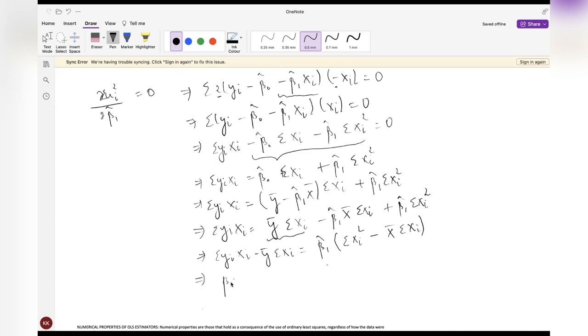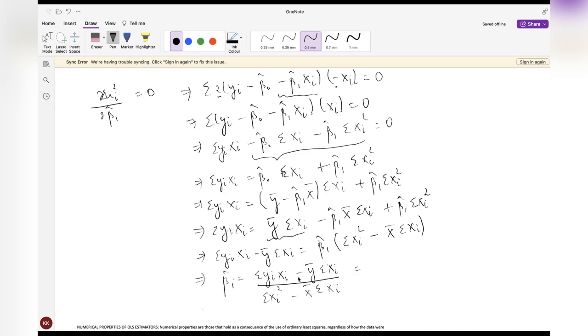So this will give us beta 1 hat as summation of yi xi minus y bar into summation of xi upon summation of xi square minus x bar into summation of xi.